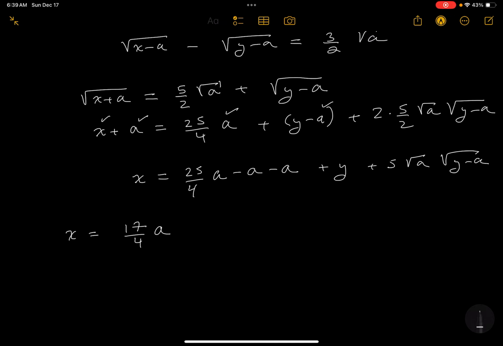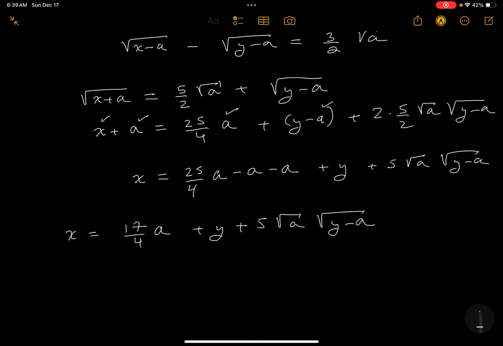And then you get plus y, plus 5 root a, root y minus a. All right, so I'm going to say that's pretty much done. Not much I can do about that. And that was the first equation squared.